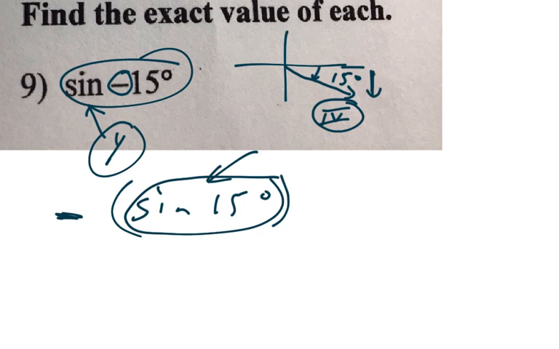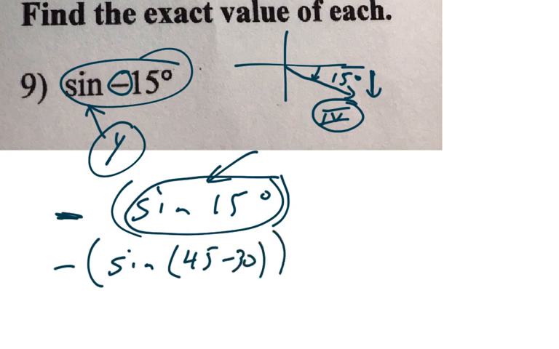So how do we do the sine of 15 degrees? Well, isn't that going to be the sine of 45 minus 30? Or you could have said 60 minus 45. So what is the sine of a difference? Well, that's going to be the sine times the cosine of the other angle.